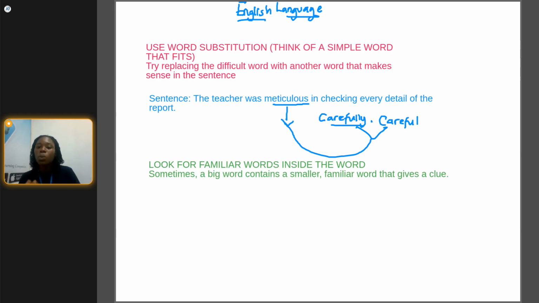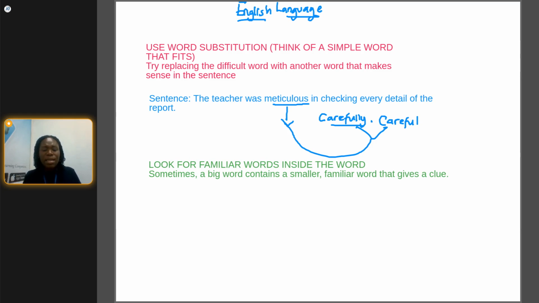Now, not all big words have familiar words inside. For example, we just looked at the word meticulous. When you look at meticulous, you can't really find any familiar word. Then it means there's no familiar word inside that word. You can use another tip or another trick to determine what that word means.